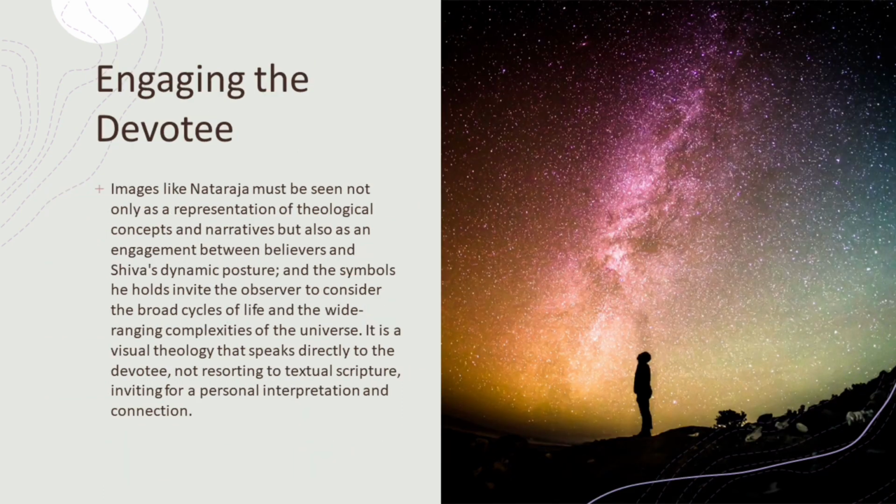Images like Nataraja must be seen not only as a representation of theological concepts and narratives, but also as an engagement between believers and Shiva's dynamic posture, and the symbols he holds invite the observer to consider the broad cycles of life and the wide-ranging complexities of the universe.